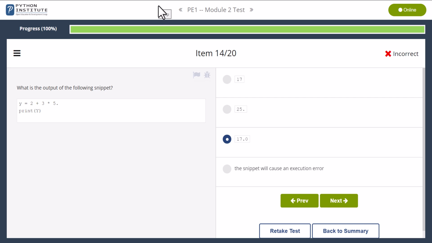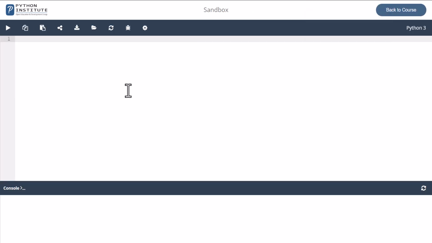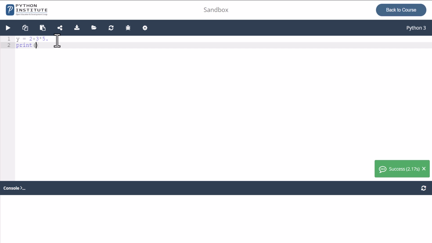Well, let's just double check this in the sandbox. 2 plus 3 multiplied by 5. So y equals 2 plus 3 multiplied by 5 point. Okay. So this actually works, and this is interesting.